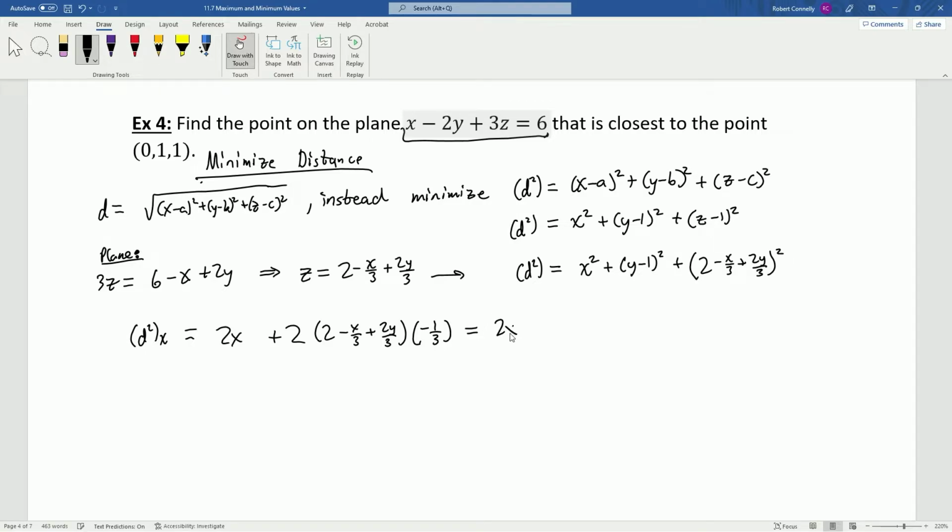So this is 2x plus 4 minus 2x over 3 plus 4y over 3, I should say. But these are all multiplied by negative 1/3.